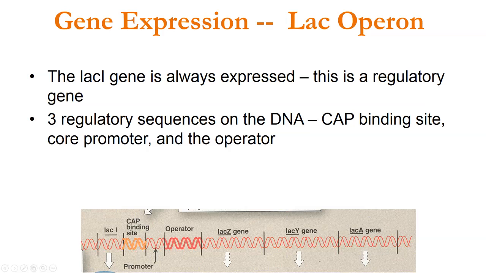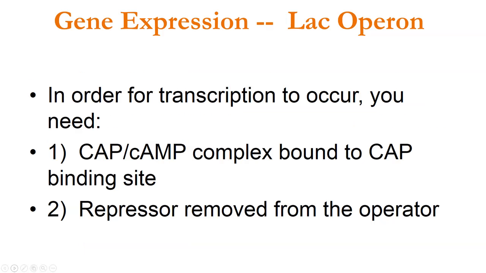Well, that doesn't really help us determine whether we're going to turn that gene on or off. It's not anything special. But we have a couple other sites on the DNA. We have a CAP binding site. I'll show you in one second what that does. As the name implies, CAP can bind to it. And then we have an operator sequence. The gene product of this LAC-I, the repressor protein, is what can bind to that operator sequence.